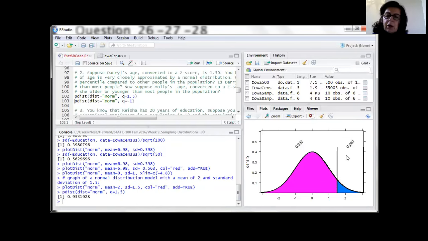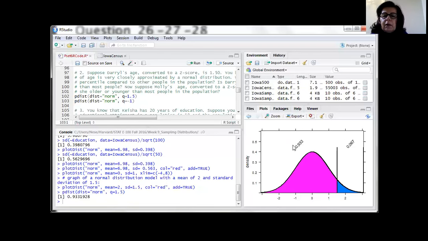The proportion of z-scores greater than z-score 1.5 is the complement of this proportion, 1 minus 0.933, which is 0.067. But this is not in the question. I'm just giving you this as extra information.